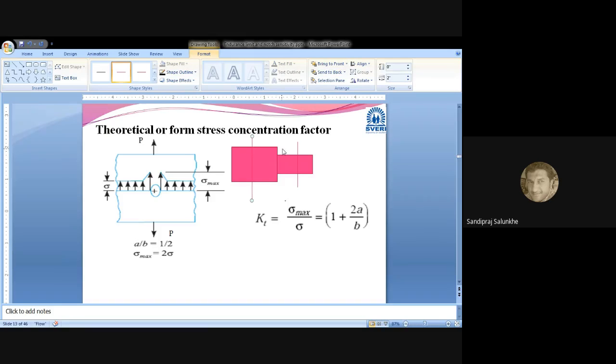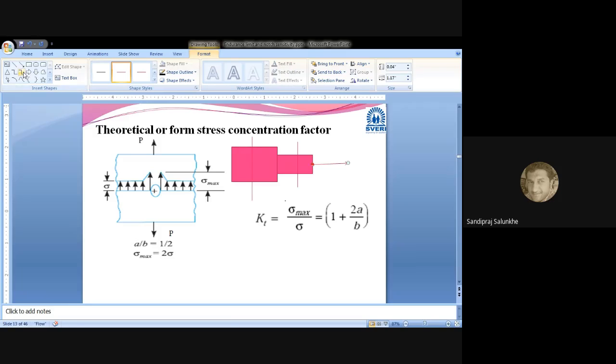But we have not accommodated the change in cross-sectional area, and whether the stress will get concentrated here or not. In the normal procedure, when we calculate stress, we take the area π/4 d² for this diameter, and for the other diameter also π/4 d² of that area. But at the point where the change happens, we will not consider that change in area.